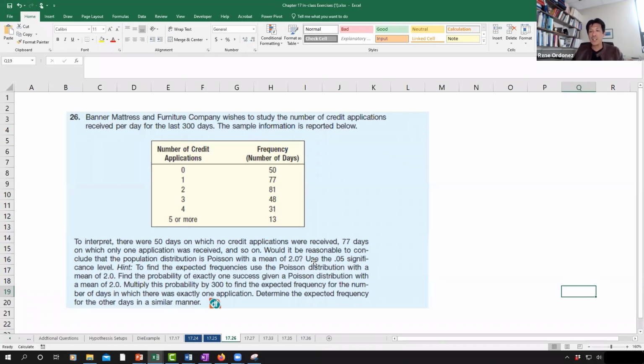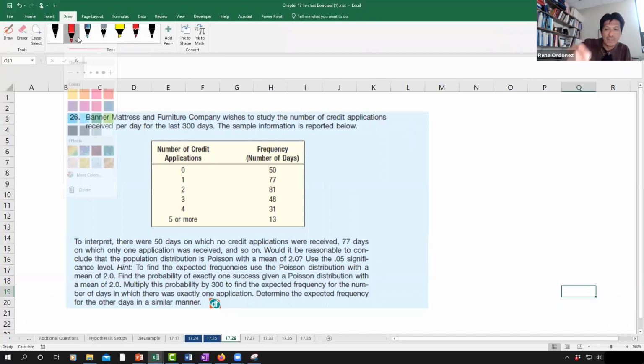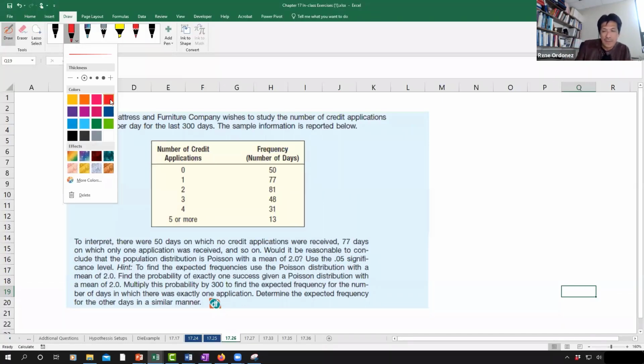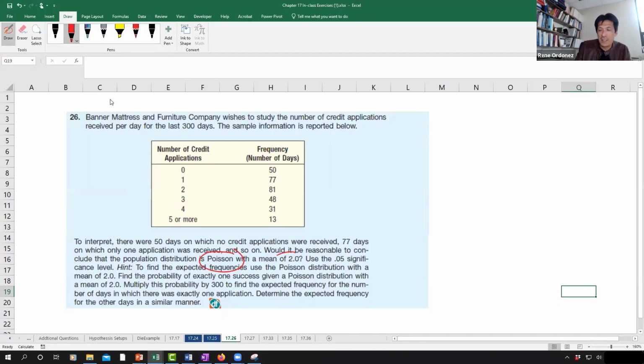Would it be reasonable to conclude that the population distribution is Poisson with a mean of 2? Okay, remember when we started chapter 5, I believe, or chapter 6, when we talked about discrete probability distributions?